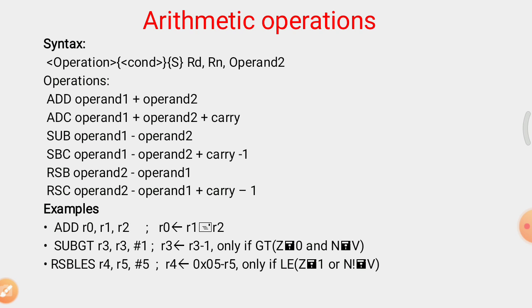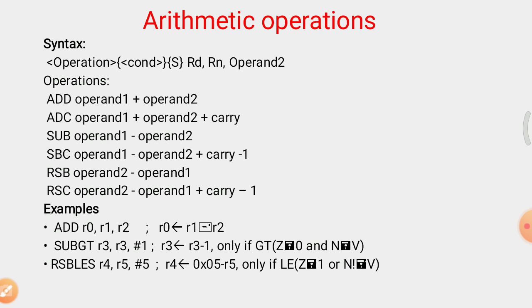Then we have reverse subtraction with carry. So again operand 2 minus operand 1 minus carry. It should be a minus. So for examples, we'll see a few examples here.